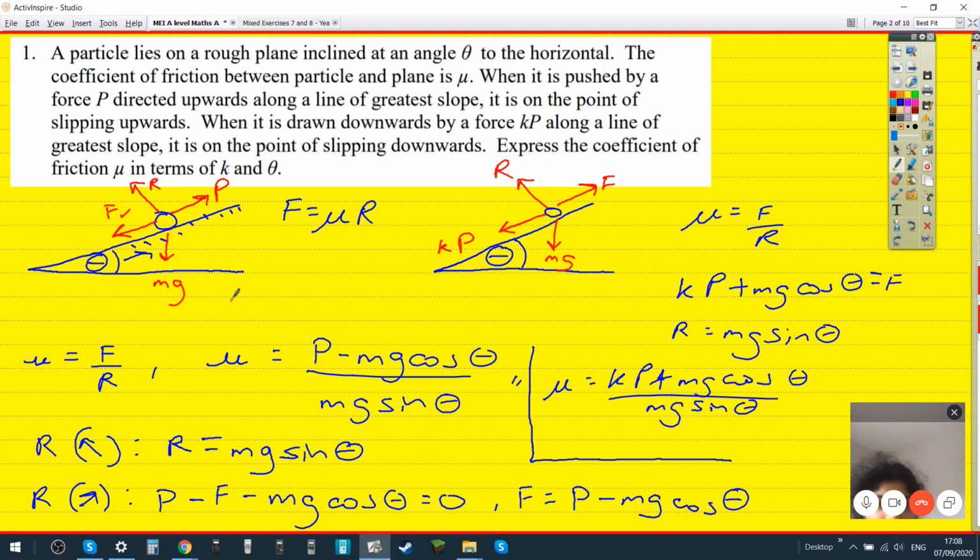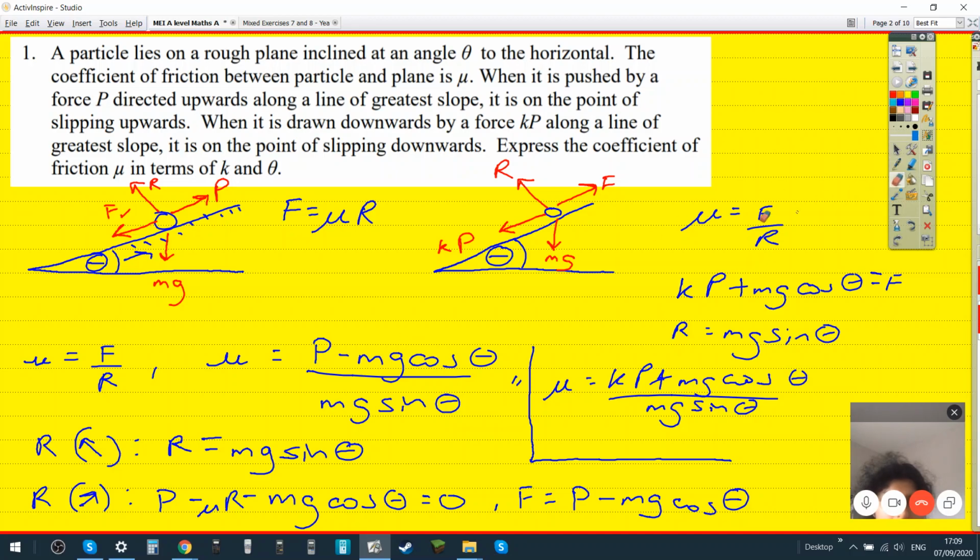So how do we get rid of P? Well, you could do P is equal to F plus mg cos theta, but then you'd have an F. So this F here, we could replace with mu R. So then you would have mu mg sine theta minus mg cos theta on the top.